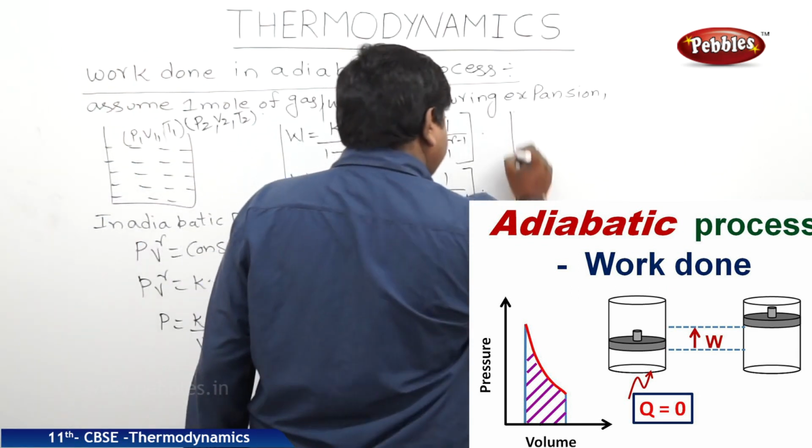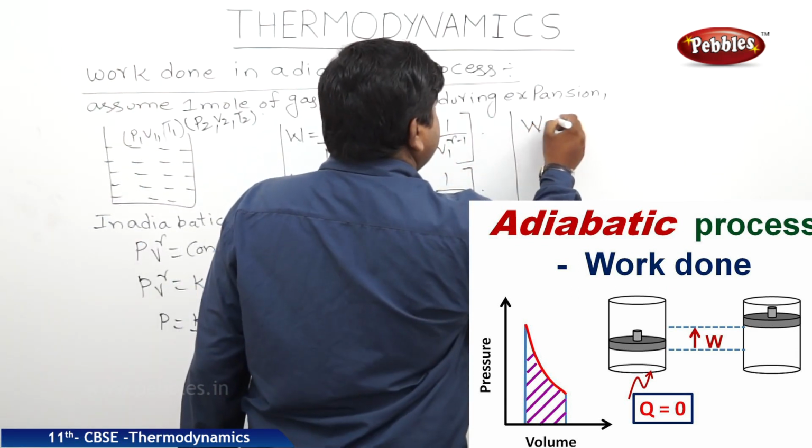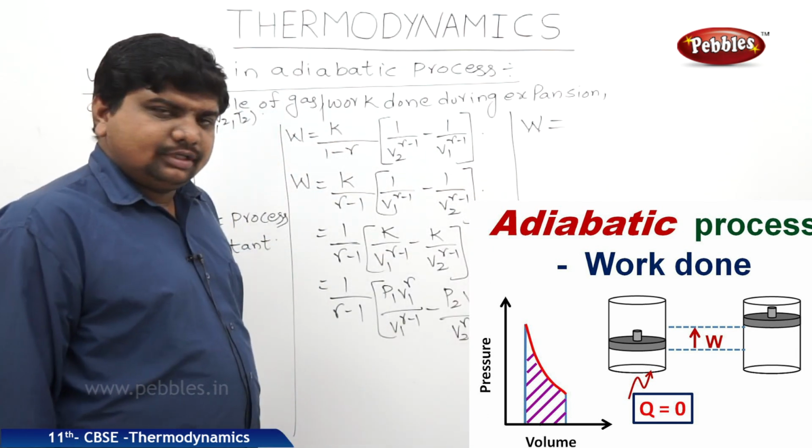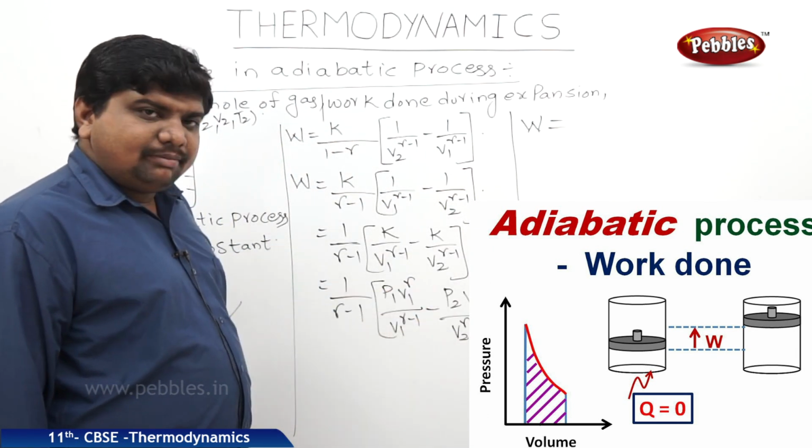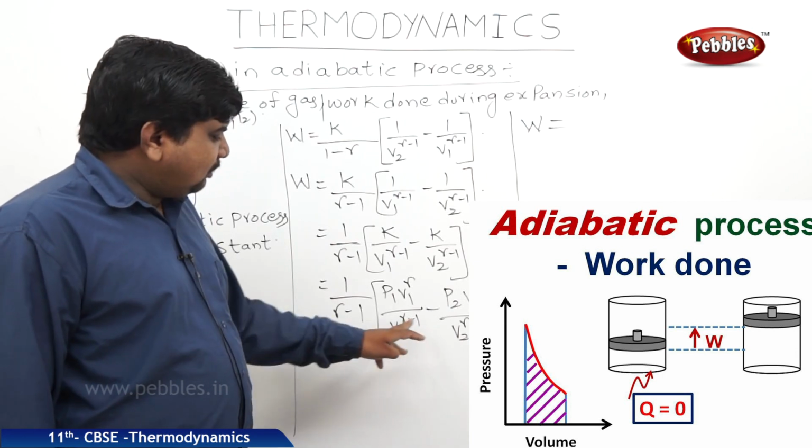So work done is equal to, now this V1 power gamma minus 1 goes up, 1 minus gamma.